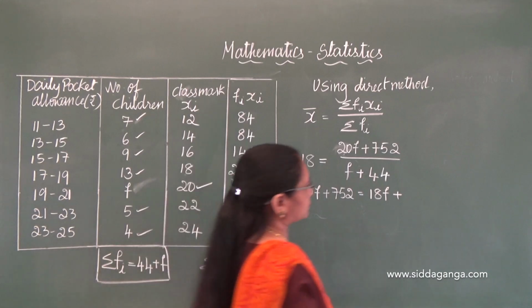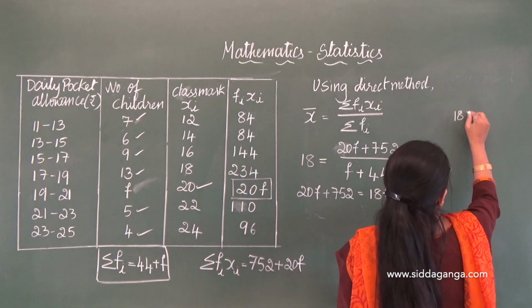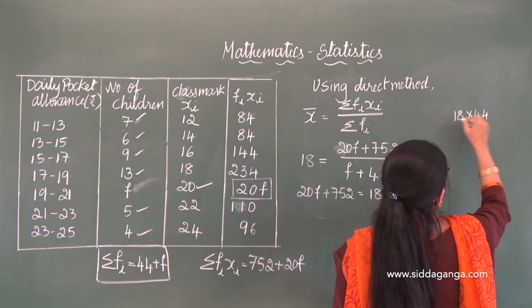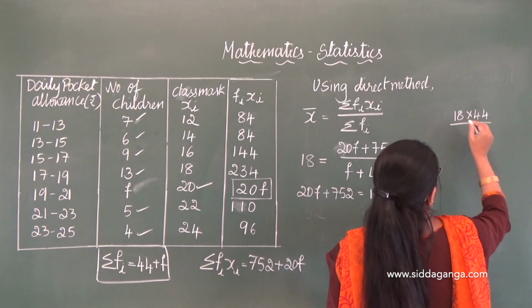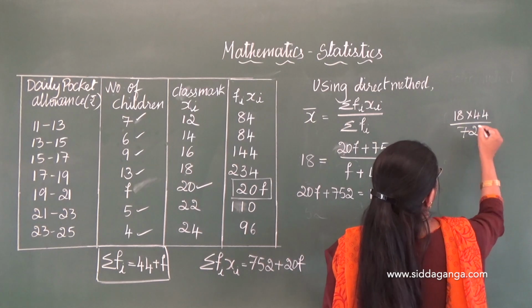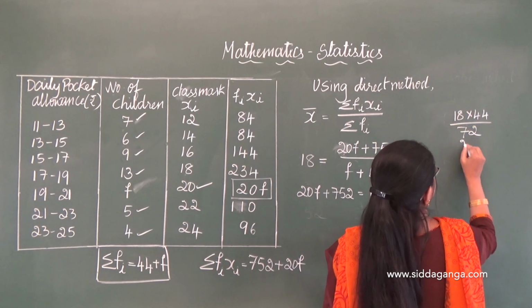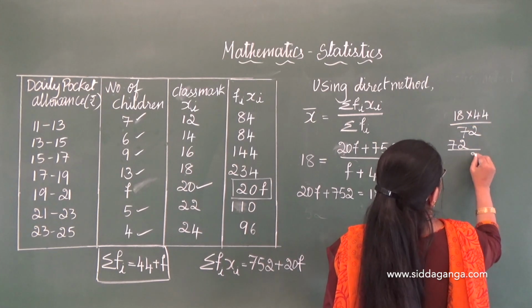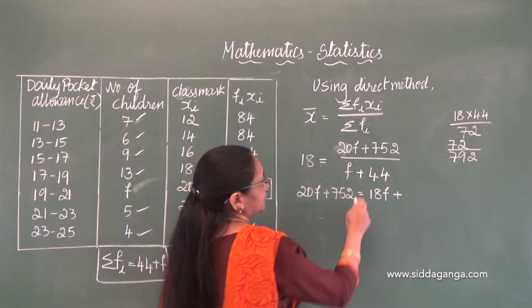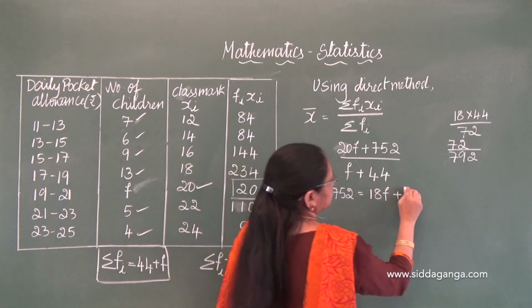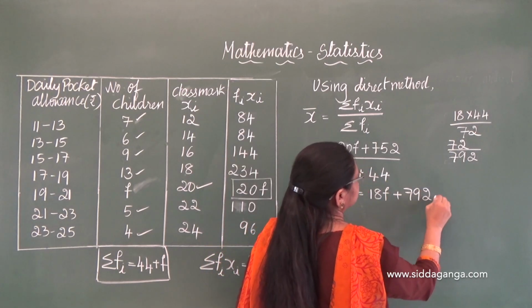Let me do here 18 into 44. 8 4s are 32, 3, 4 1s are 4, 5, 6, 7, 792. So, here when you cross multiply, this will become 792.